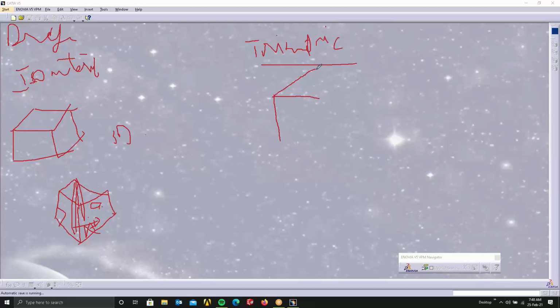The reason is, in the trimetric view the lines will be different.